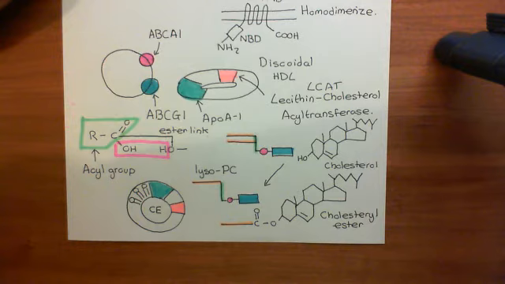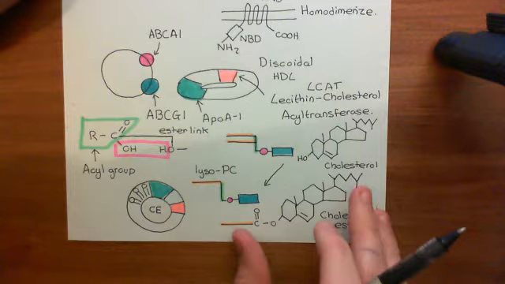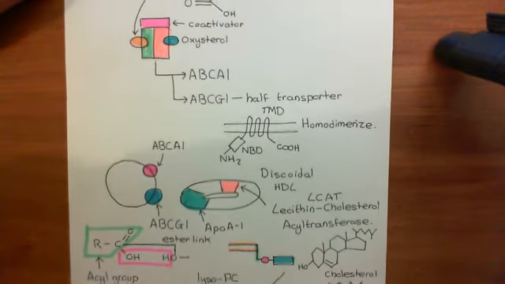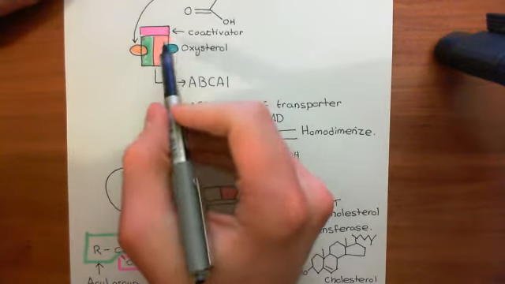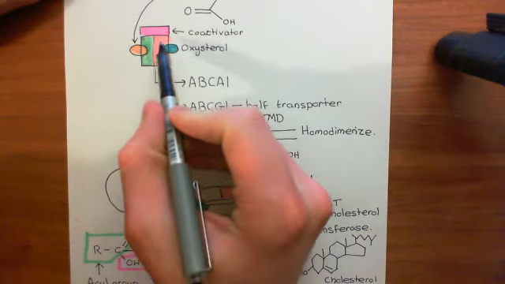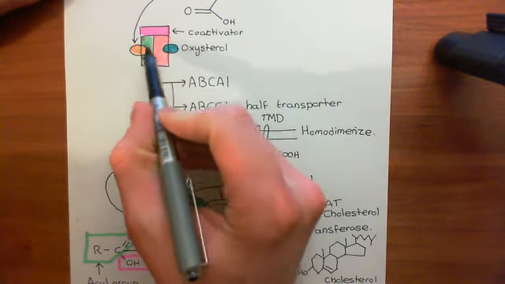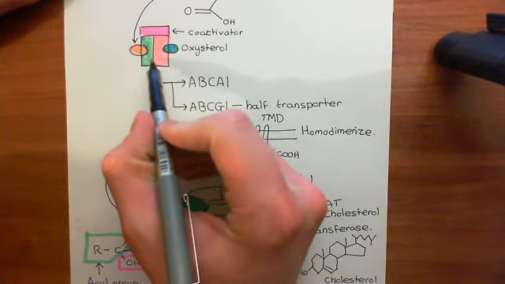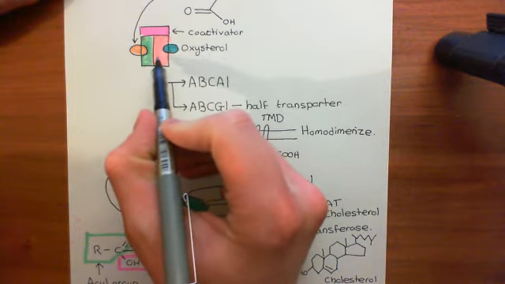In the previous video, what I told you is that in cells which are overloaded with cholesterol, you get a rise in the level of these oxysterol compounds. These oxysterol compounds then bind to the liver X receptors, which are within these liver X receptor, retinoid X receptor heterodimers, okay?